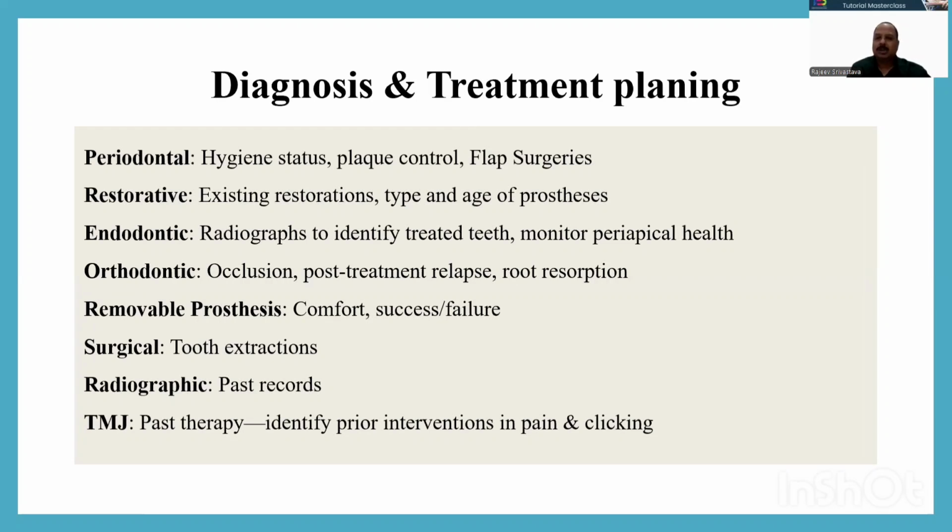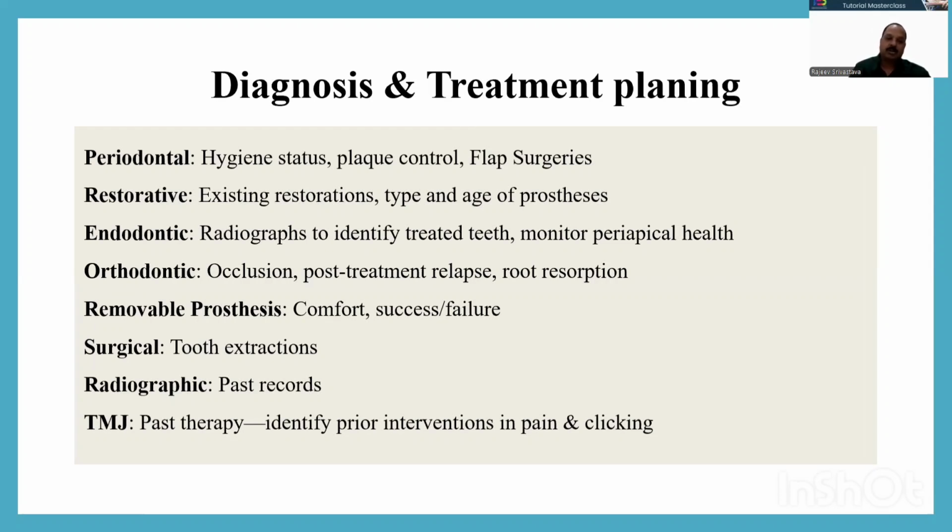Coming to the diagnosis and treatment planning, I will not discuss this in detail, but thorough diagnosis and treatment planning is required to prevent any failure of your fixed partial denture. You have to evaluate the periodontal status, your plaque control, if any flap surgeries are required, or if any flap surgeries are done, what is the outcome of those flap surgeries.